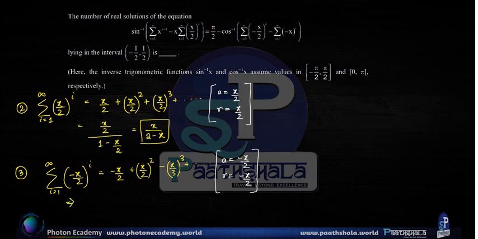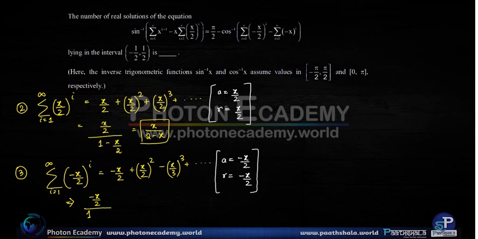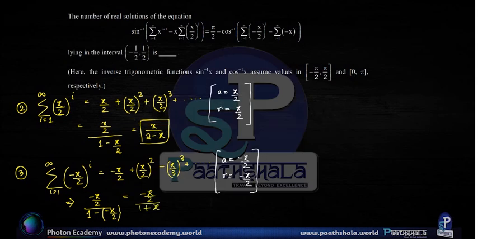That implies the summation is minus x by 2 divided by 1 minus of minus x by 2, which is equal to minus x by 2 divided by 1 plus x by 2, which is equal to minus x divided by 2 plus x.